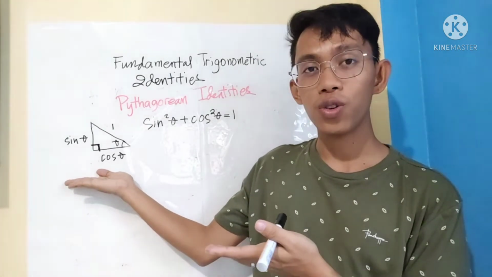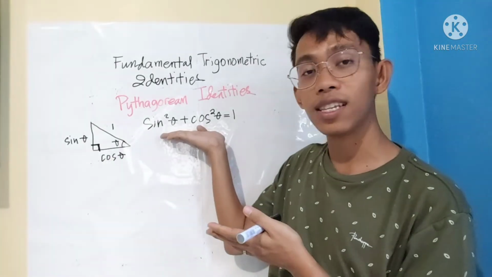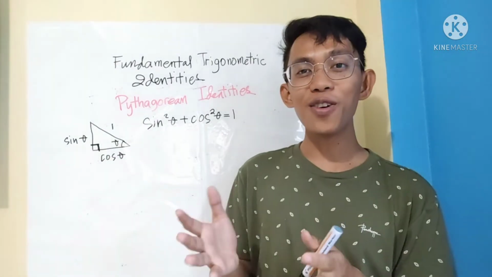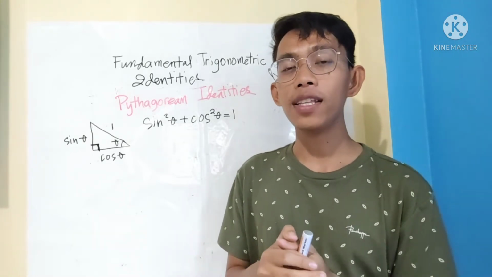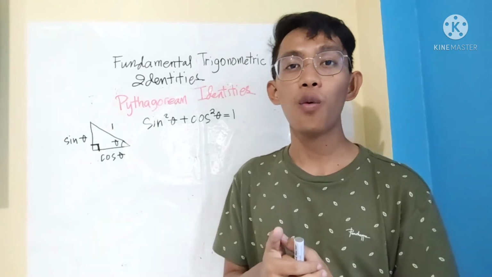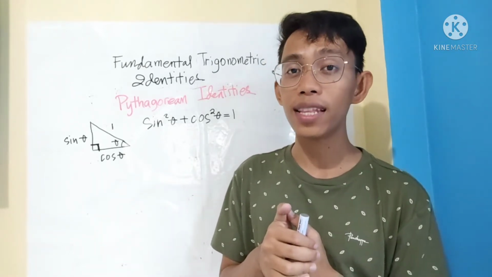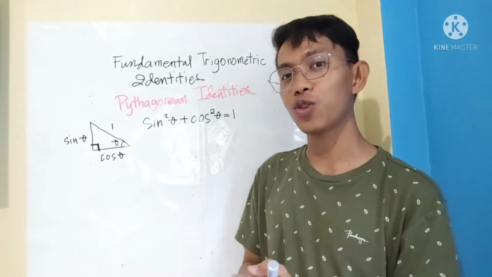So as we can see, the relationship among the sides is given by this equation. Now, what are the other two equations? Madiderive natin yung isa by dividing the whole equation by sine square theta. While the other one, madiderive naman natin if we are going to divide it by cosine square theta. So, let's do that.